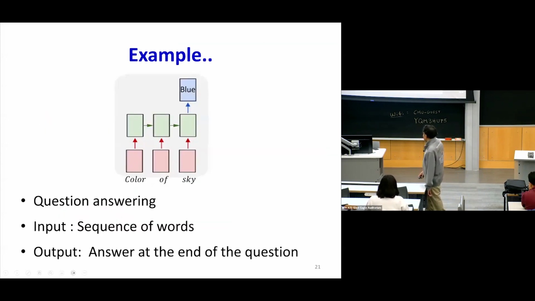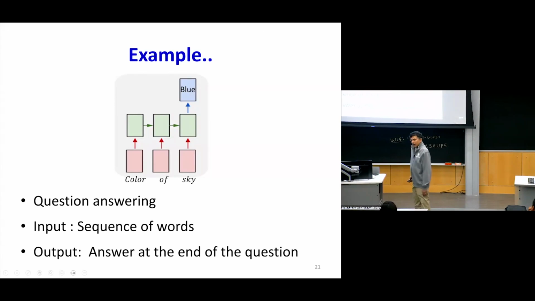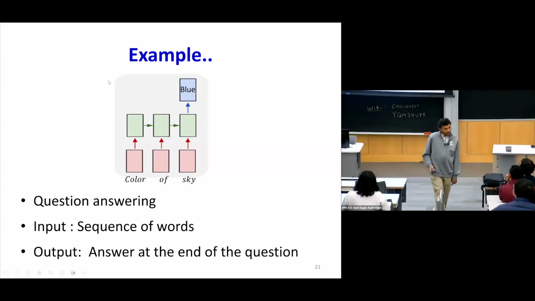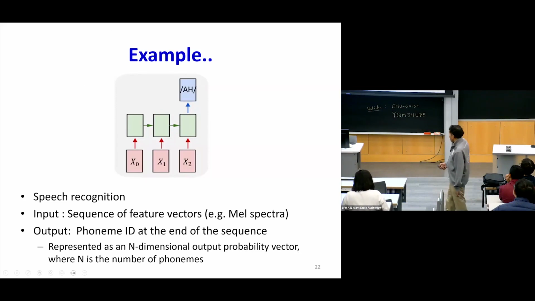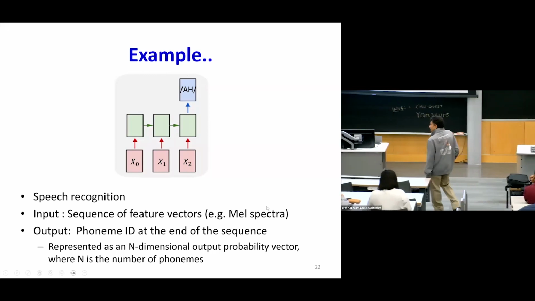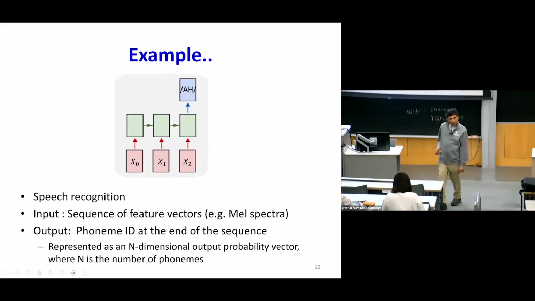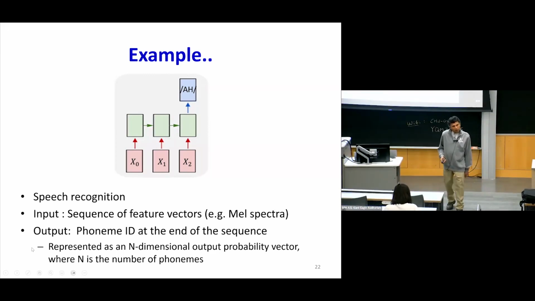Now here, so problems like question answering. What is the color of the sky? You have to get to the last word before you reply. You can't reply at any other time. Or, phoneme recognition. You have to see the entire sequence and you sort of accumulate your evidence just to be sure, and then you call out the answer.